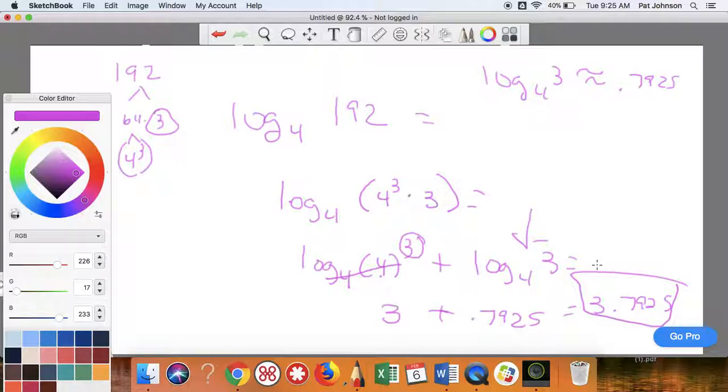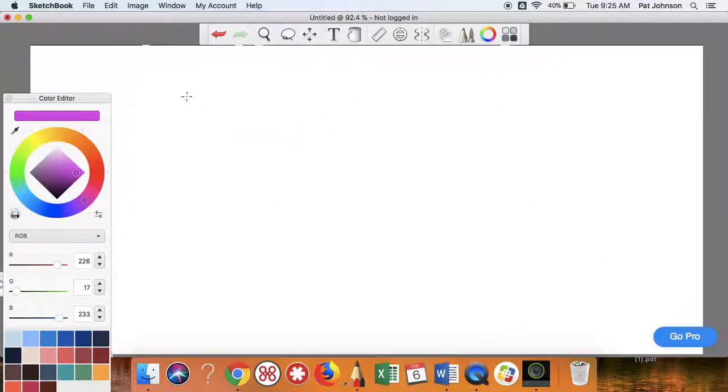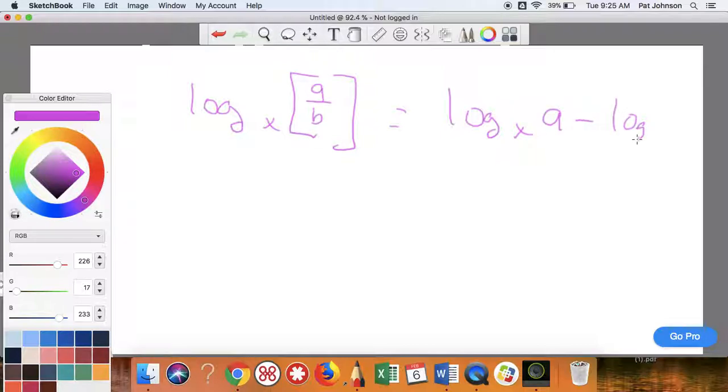And so the next property is the quotient. Again, it says if you have log base x of the quotient, remember it's of the argument, it's got to be one term, then you can change this to say log base x of a minus log base x of b. Remember when you had x to the m divided by x to the n, what did you do? x to the m minus n.